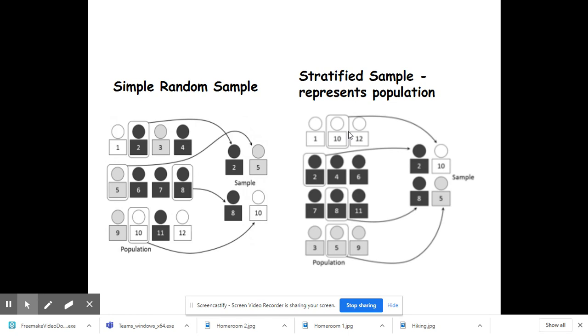Then from each group, you take an equal proportion for the sample. That is a stratified sample, where we really want to make sure that it represents the population. Both of these are really hard to get when you're giving a survey to a full population, and even more so when we get into experimentation.